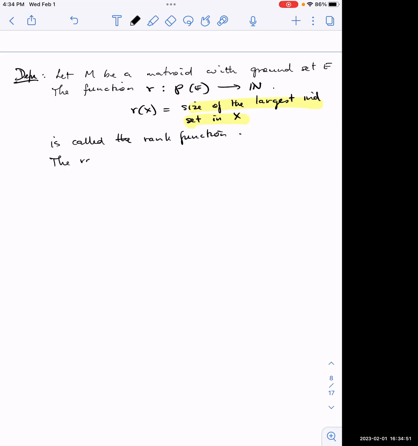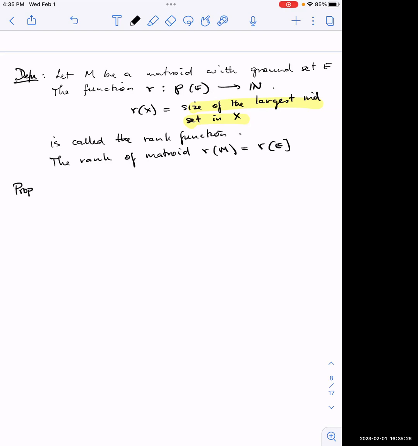And the rank of the entire matroid is just the rank of the ground set. This matches up with the rank of a matrix. The rank of a graph would be the size of a spanning tree, which would be n-1, where n is the number of vertices.